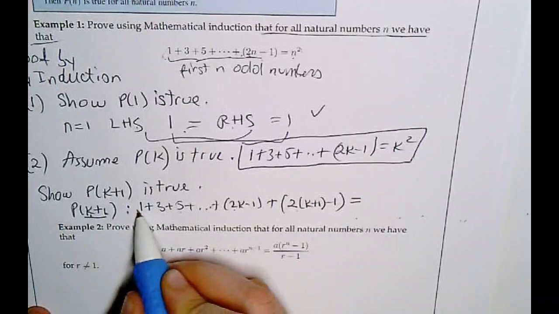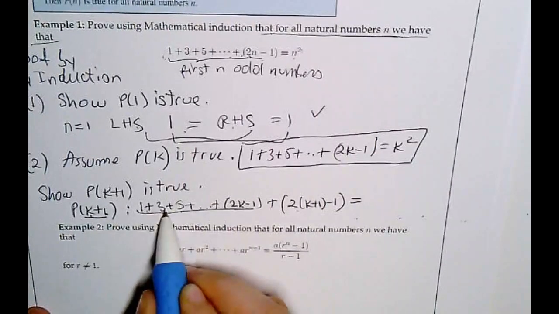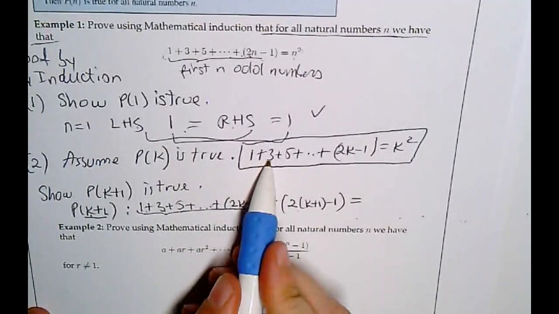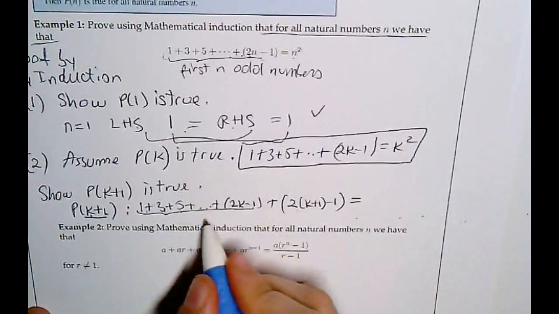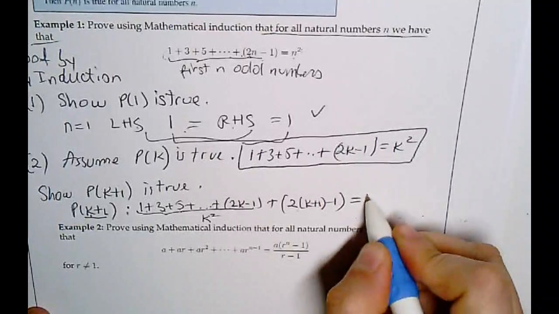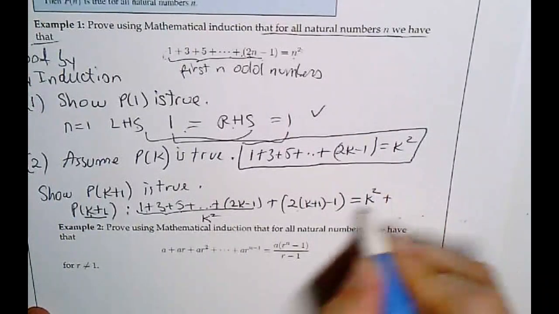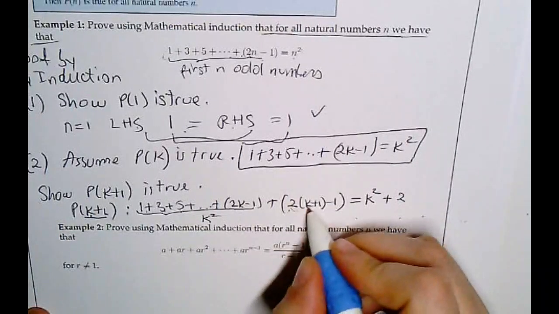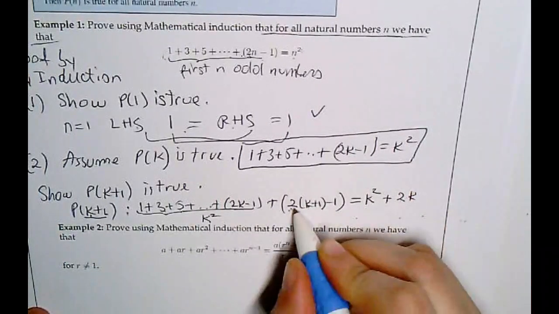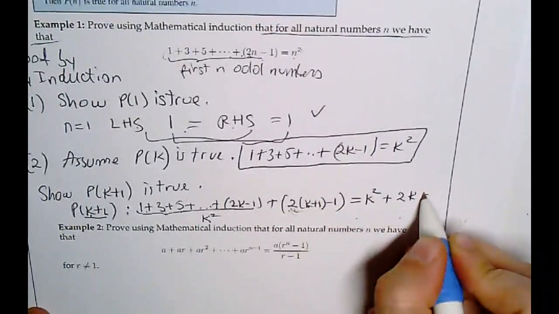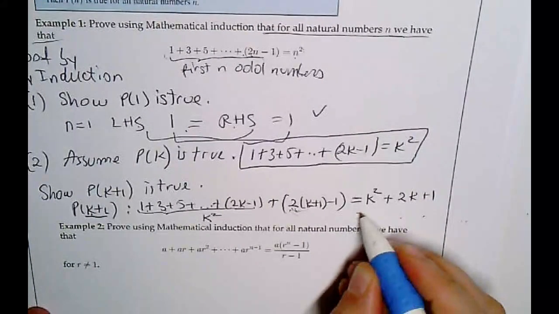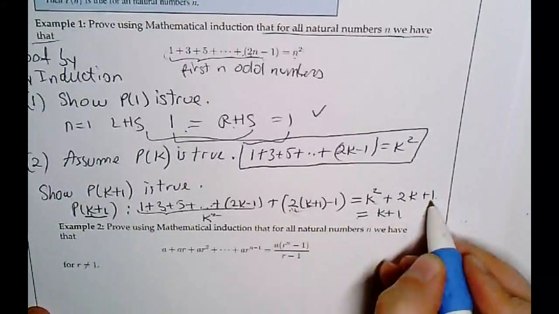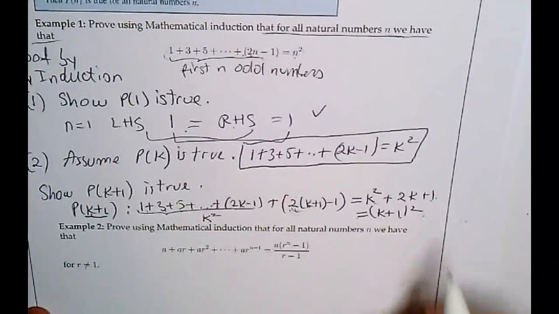So what do you notice in here? What is 1 plus 3 plus 5 plus ... plus 2k minus 1 equal to? I can use from here that it's equal to k squared. So then this is going to be equal to k squared plus 2 times k plus 1 minus 1, which is 2k plus 2 minus 1, so plus 1. So I can factor this. This is k plus 1 times k plus 1, which is k plus 1 squared.